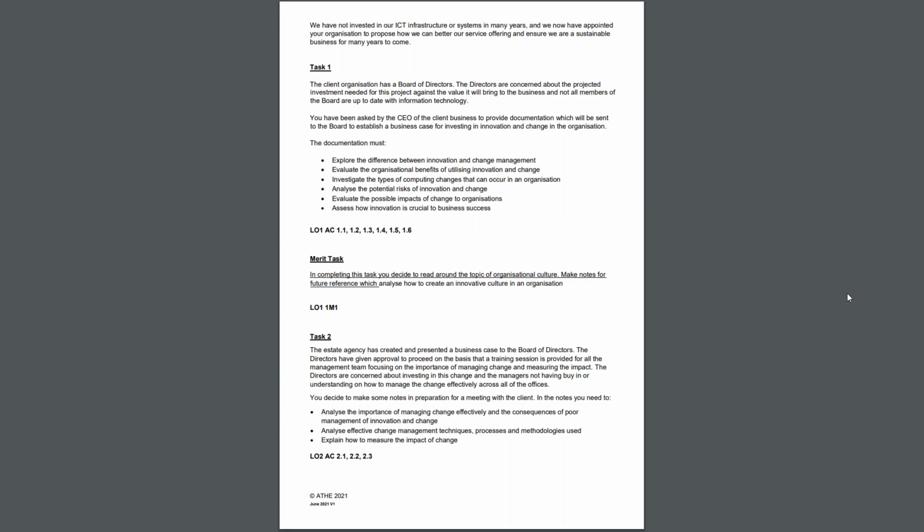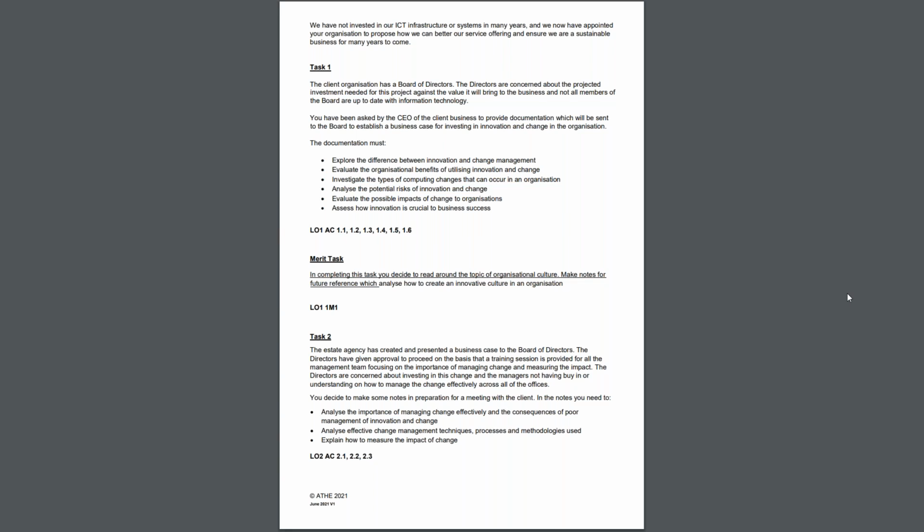So you decide to make some notes in preparation for the meeting with the client. In the notes, you need to analyze the importance of managing change effectively and the consequences of poor management of innovation and change.